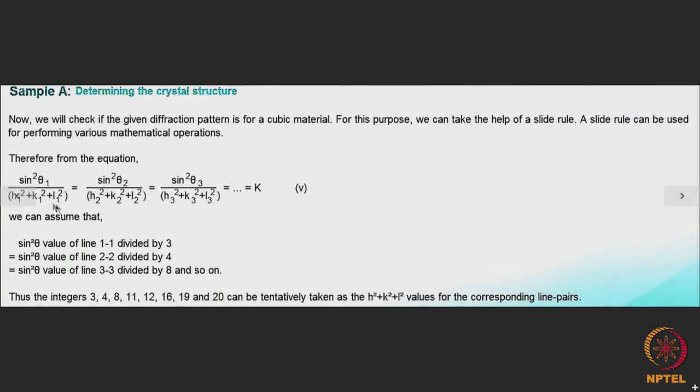If h is 1, k is 1, l is 0, then it will be 1 plus 1, 2. If h is 1, k is 1, l is 1, then it will be 3, etc., etc.